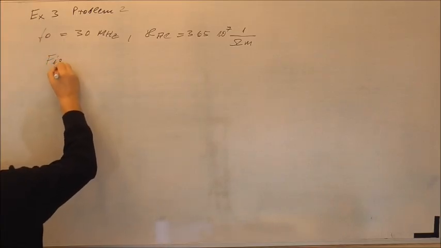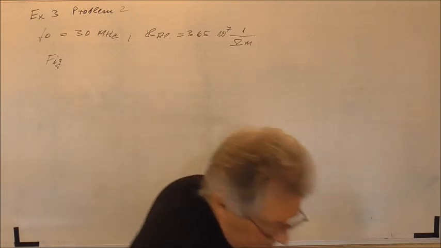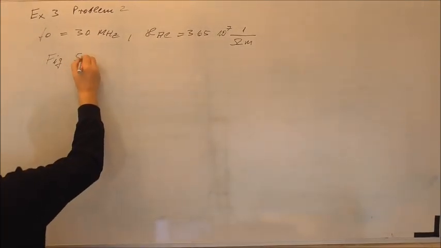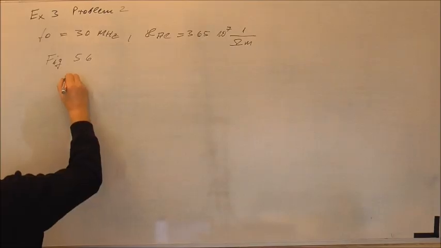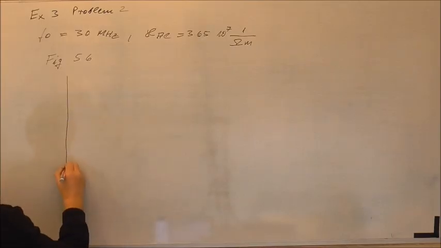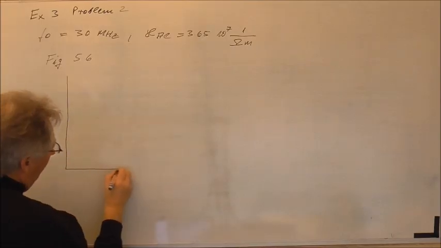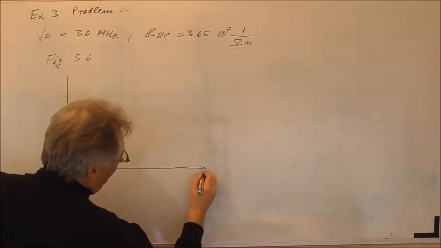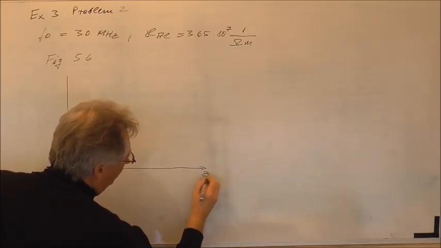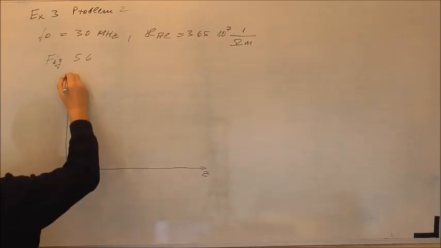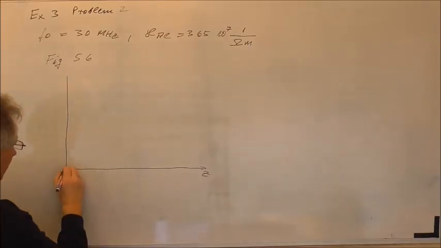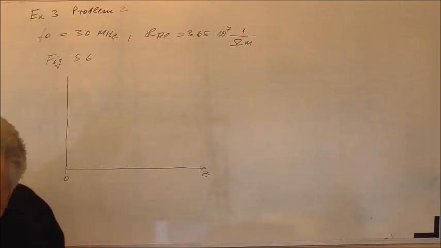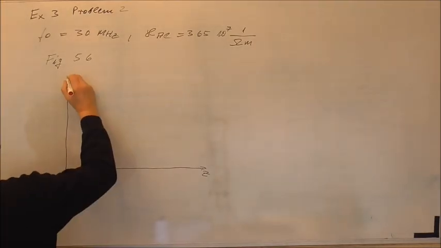This is in principle figure 5.6 in the lecture notes, and there I showed what happens to the magnetic field if it penetrates into the conductor. So this is the z coordinate, and for z greater than 0 we have a certain conductor.